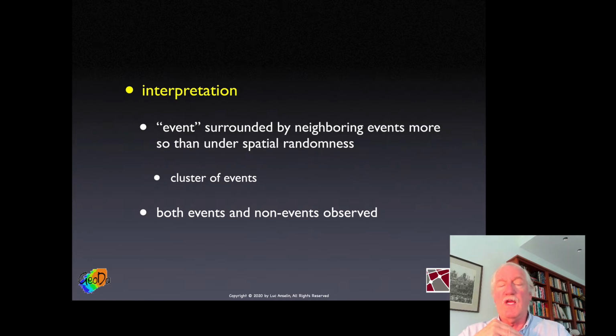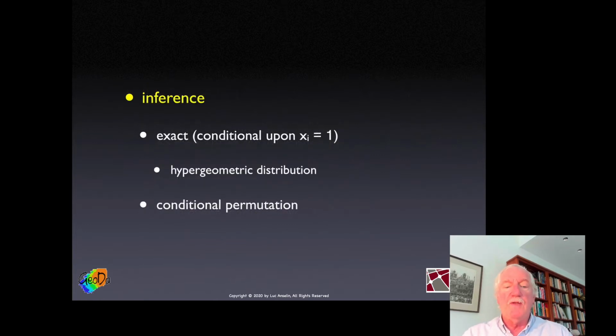And the tricky part will be, given that we have the sum of events and the neighbors, is this something that could have occurred under spatial randomness or is somehow special or interesting? It's always the same kind of logic. So how do we get the inference? There's an easy way and there's a hard way.